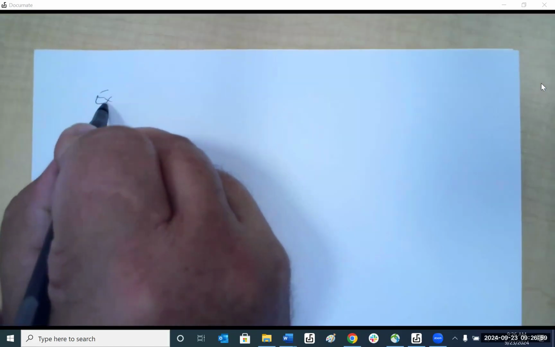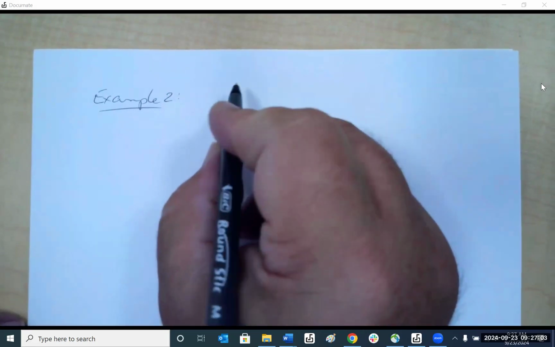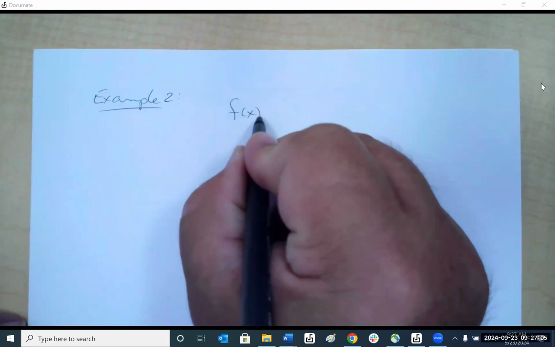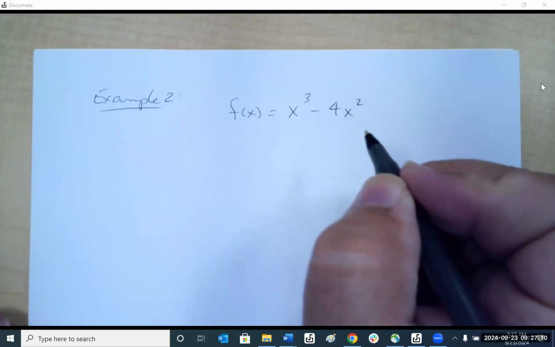Here's example 2. Here's our function, f of x equals x cubed minus 4x squared.